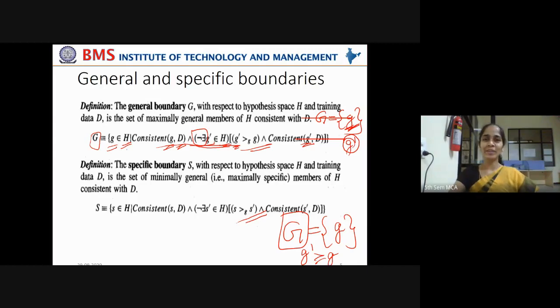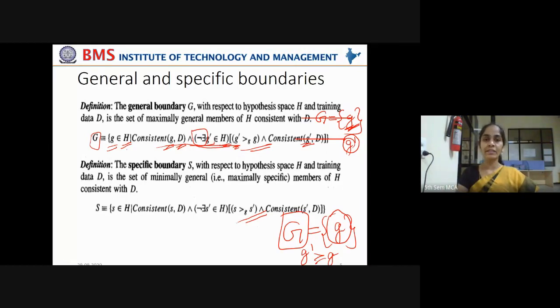Again, I'm repeating because it is a little confusing to understand for students listening for the first time. G, the general boundary set, is defined as the collection of all the general hypotheses G that belong to the hypothesis space H such that all G are consistent with D. And further, what is the condition?